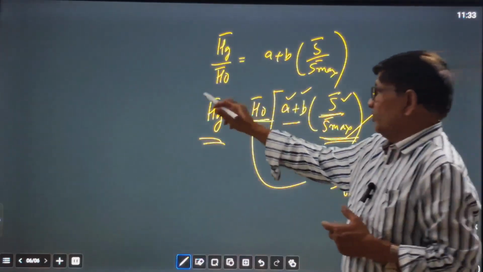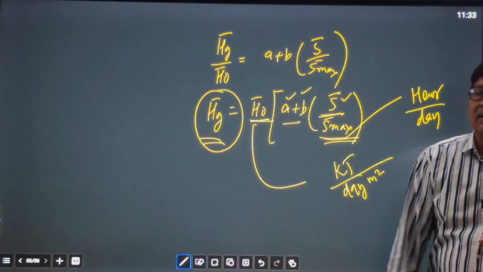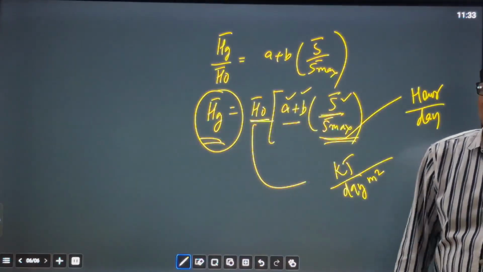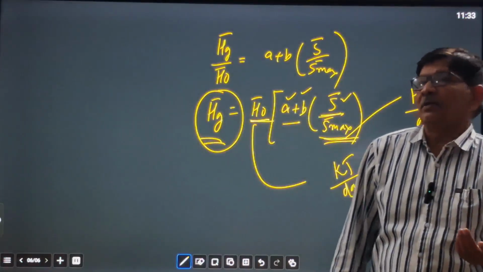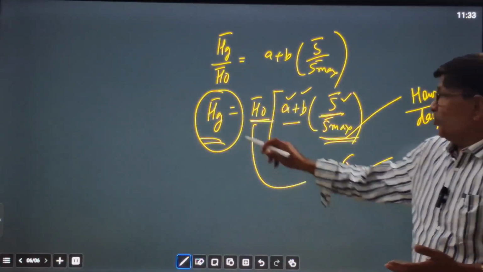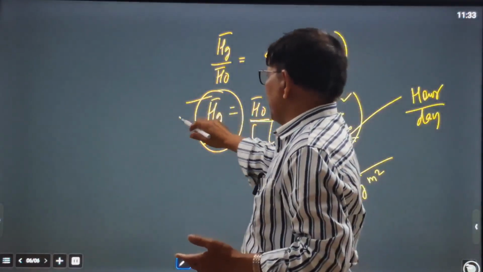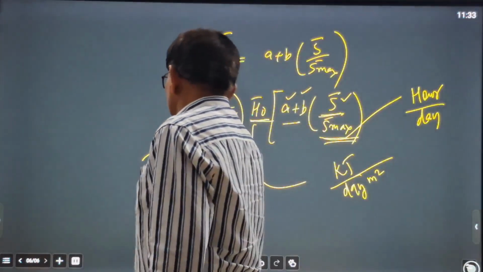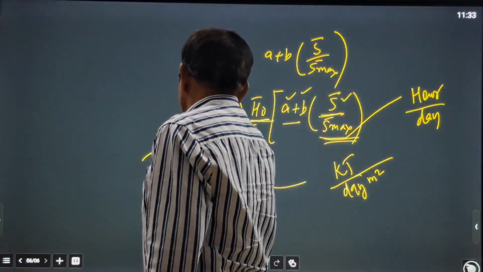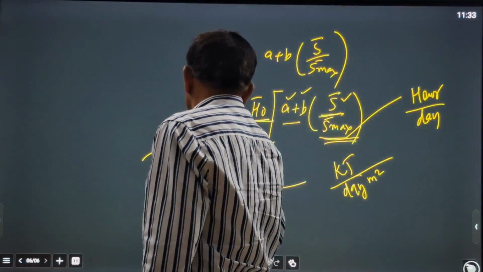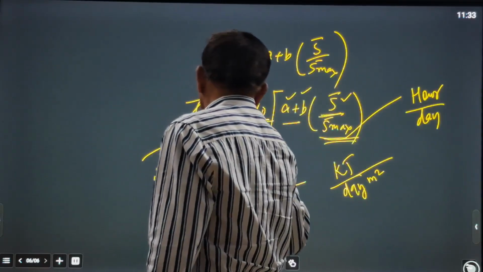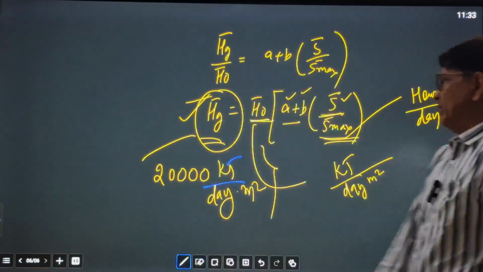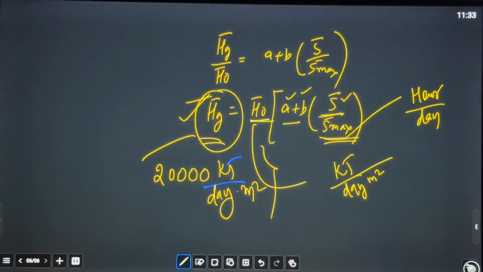That is important. If this value is very low, then installation of a power plant will not be suitable and it will cause loss. So before going to install, we have to find out this value. This value should be around 20,000 kilojoule per day per meter square. It should not be less than this value.